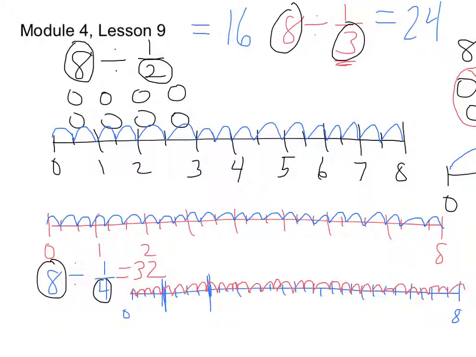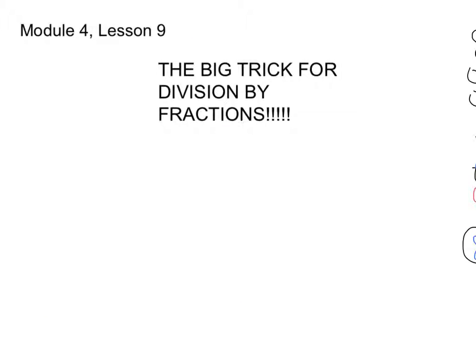Get ready for it. Here it is, the big trick for division by fractions. When you want to divide by a fraction, like we did with 8 divided by 1/2, all you really have to do is do 8 times 2. Okay? Look at this. I took this guy and I turned him upside down.